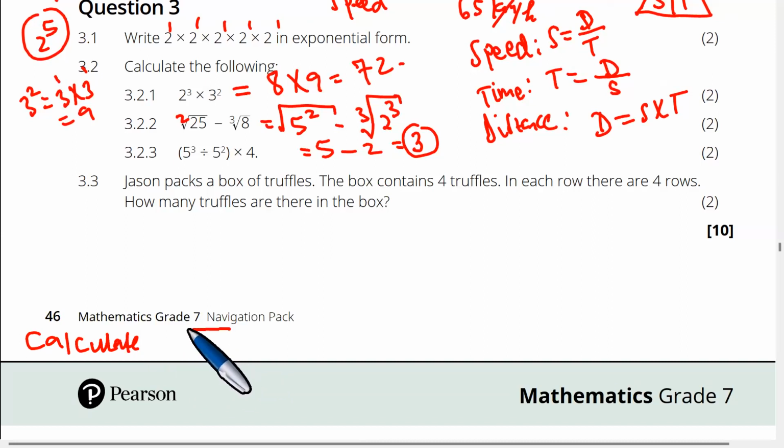Write the square root of 36 minus the cube root of 27 here.